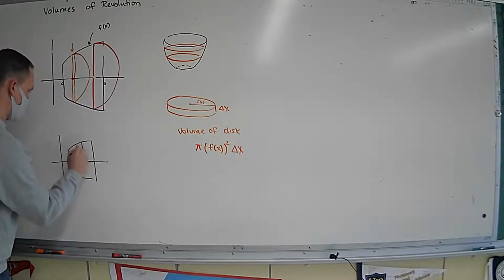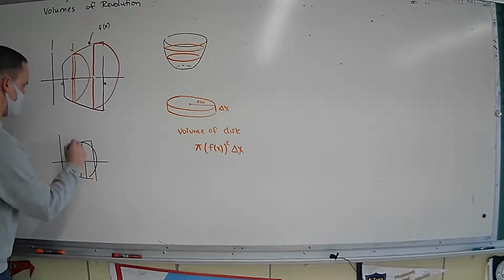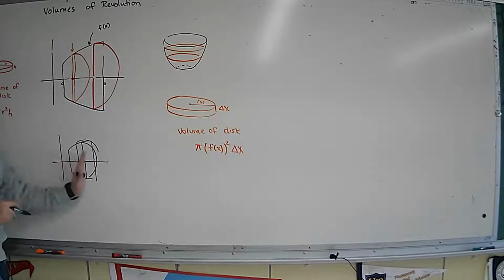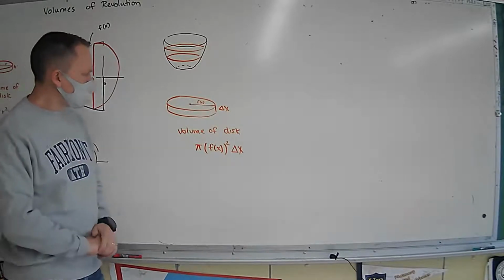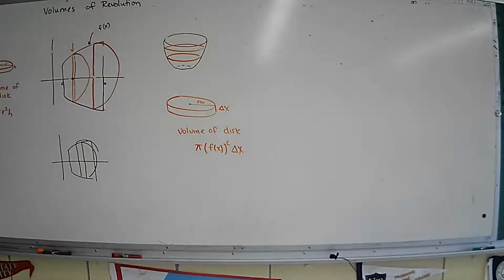Like you could make a giant disk. You see what I'm saying? Like a really thick one. Okay? Now, how good of an approximation of the volume would that be?